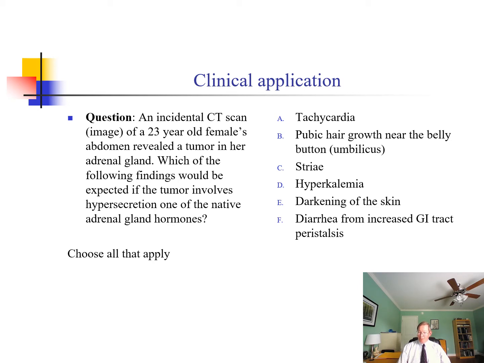And you can have multiple correct answers. Would it be tachycardia, pubic hair growth near the belly button or the umbilicus, stria, hyperkalemia, darkening of the skin, or diarrhea from increased GI tract peristalsis? So pause this video, think this through, and then we'll step through.